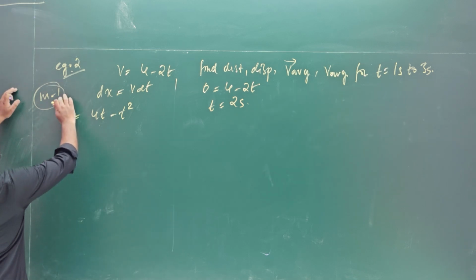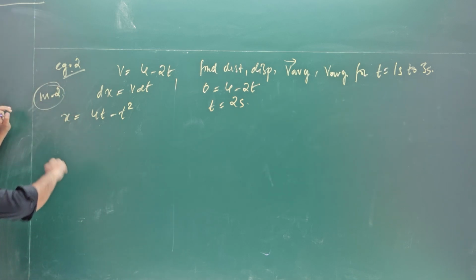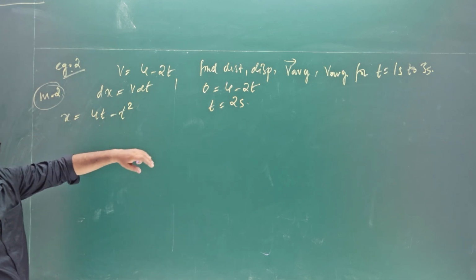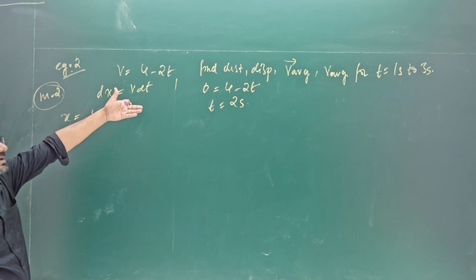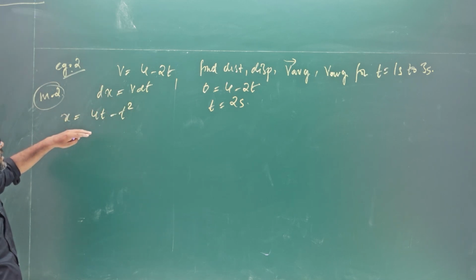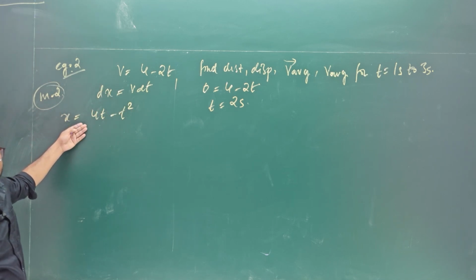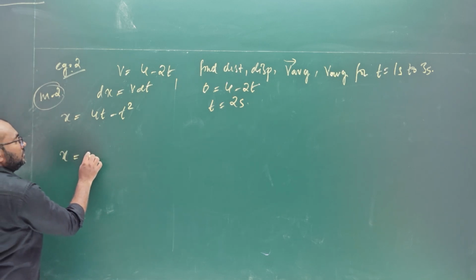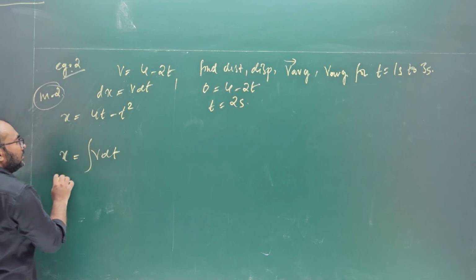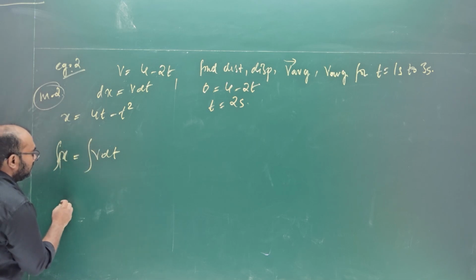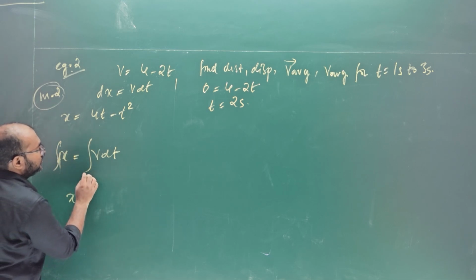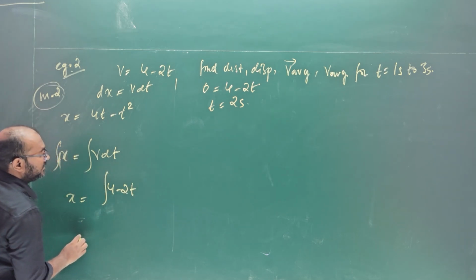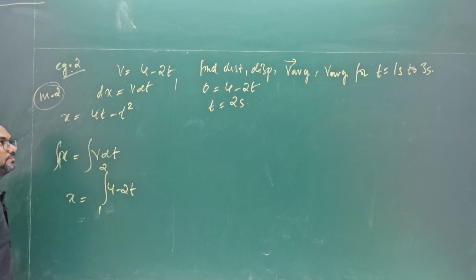Okay, now method number 2. All we need to calculate this, and that is the common steps. First, we have to check where the velocity is getting 0, and second, find the displacement equation. Now all we need to do is x is equal to the integral of v dt, where v is 4 minus 2t, integrating from 1 to 2.